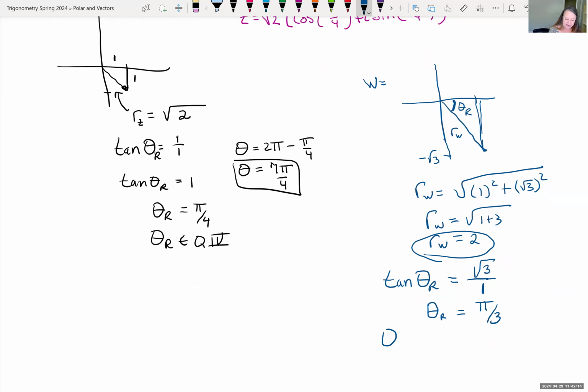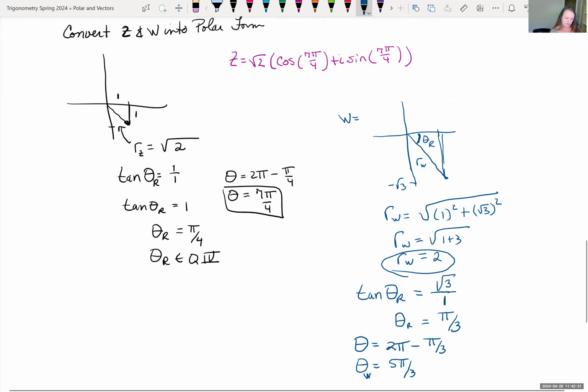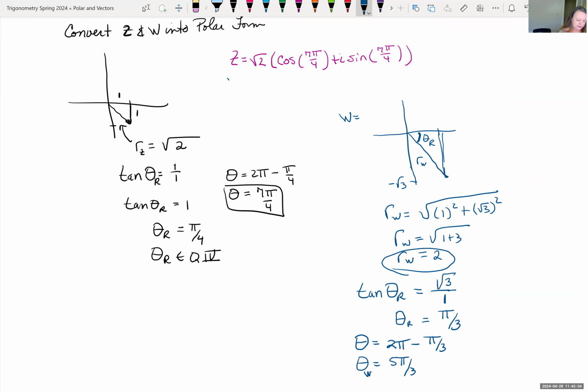My theta value is 2 pi minus pi thirds. So 6 pi thirds minus 1 pi thirds is 5 pi thirds. This is my theta sub w. So my w value is equal to r sub w, which is 2, times cosine of 5 pi thirds plus i sine of 5 pi thirds.